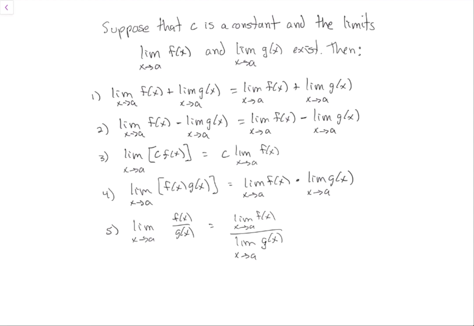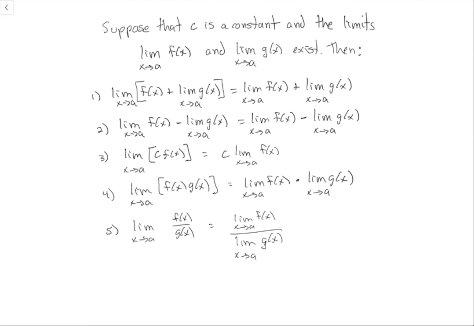The first law says that the limit of a sum is equal to the sum of the limits. So we have two functions that we're adding, and we're in essence distributing the limit process. Now that is absolutely not a rigorous term to use here, because we can't really distribute processes like we do when we multiply numerical or algebraic expressions.